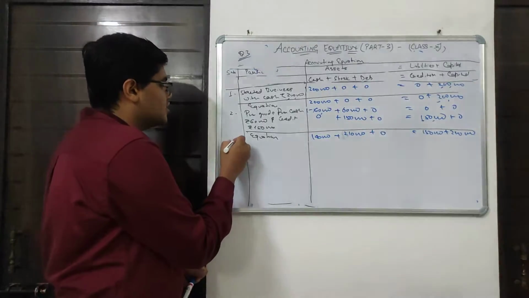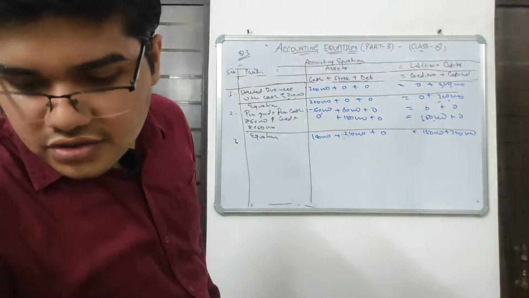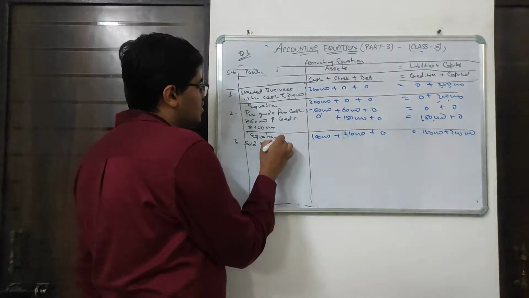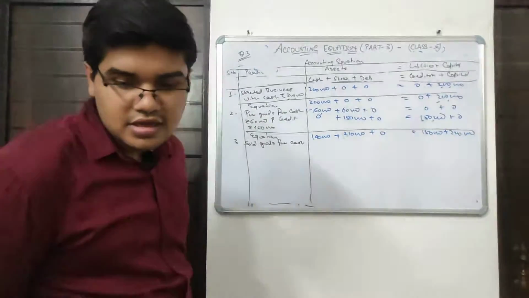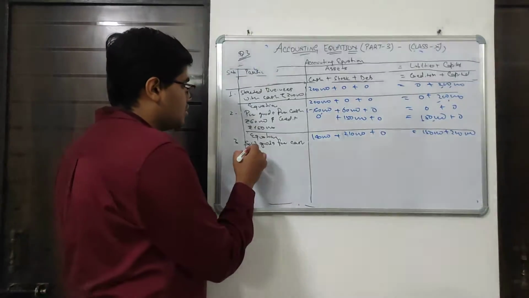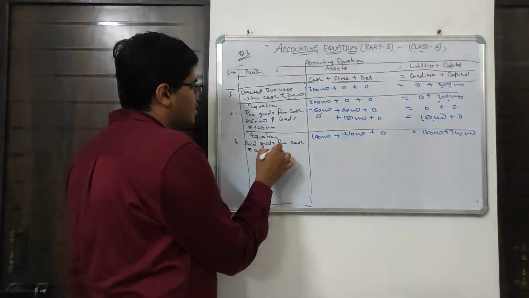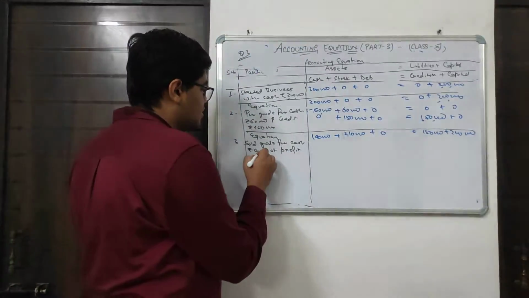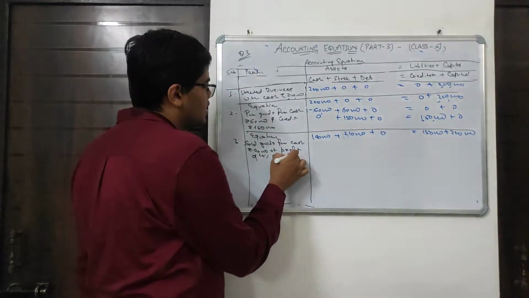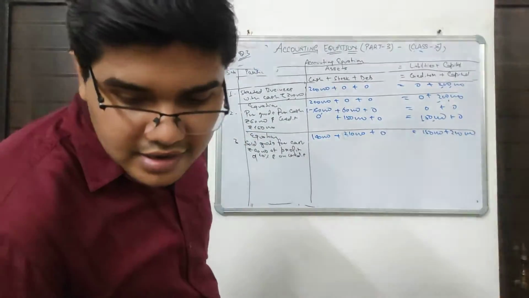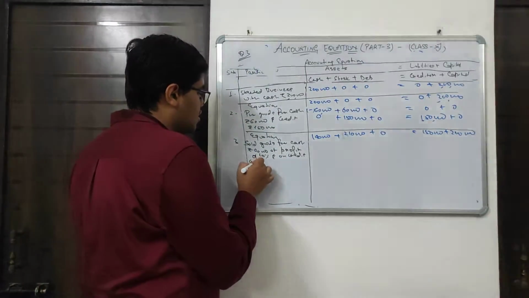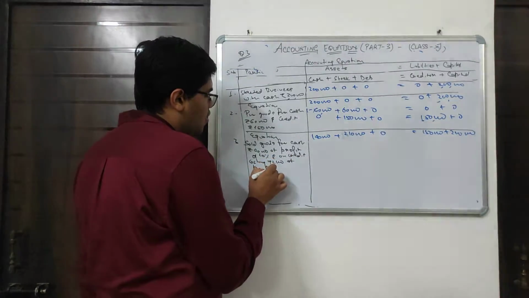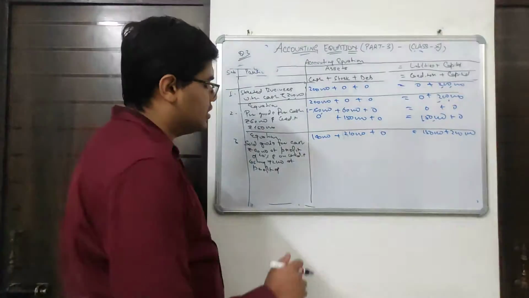Moving on to the third transaction. Our third transaction is: sold goods for cash rupees 40,000 at a profit of 20%, and on credit costing 72,000 at a profit of 25%.